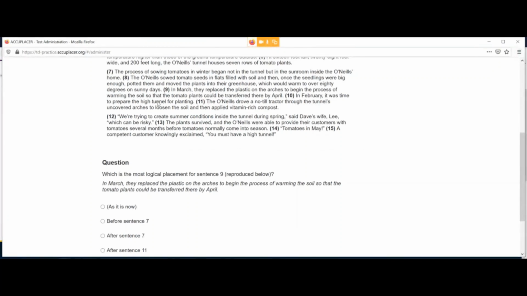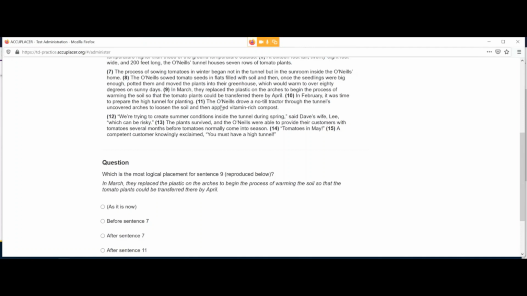In February, it was time to prepare the high tunnel for planting. The O'Neills drove a no-till tractor through the tunnel's covered arches to loosen the soil and then applied vitamin-rich compost. Okay, so what do we have here? We have arches in sentence 11 and arches in sentence 9.